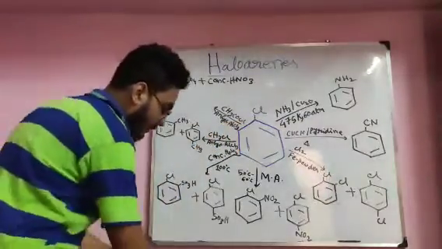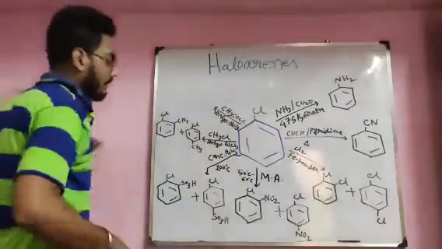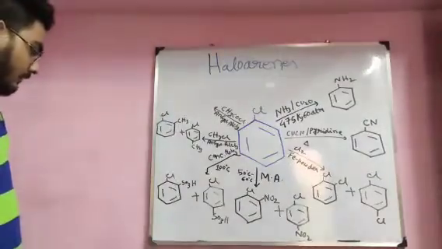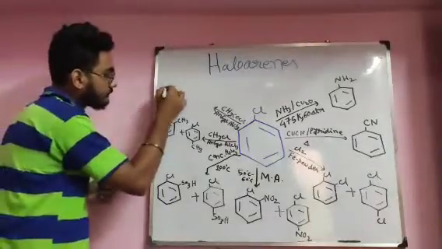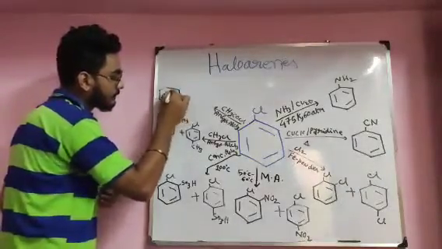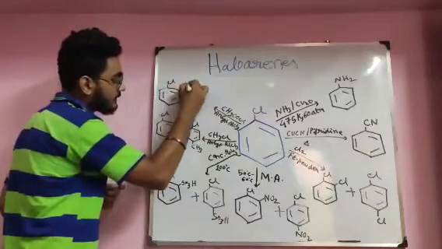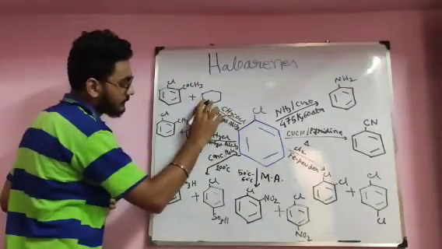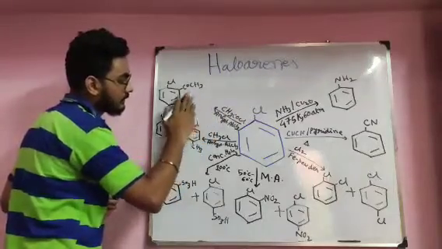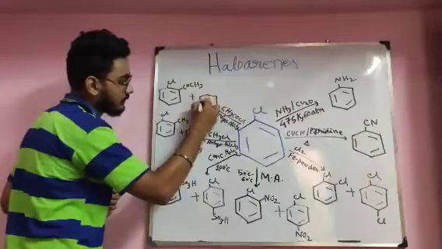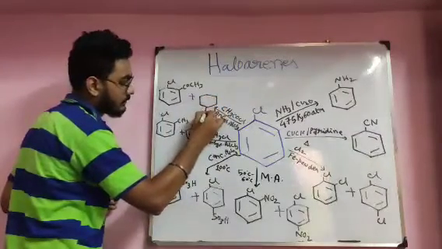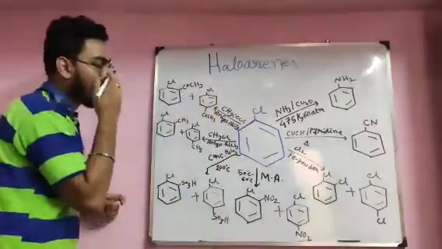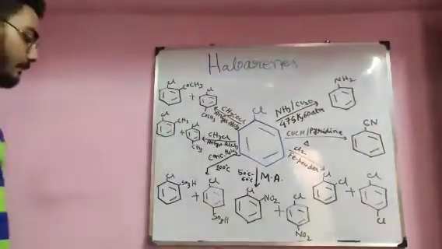Then the formation of the compound is one COCH3 in ortho position, another COCH3 in para position. Okay.